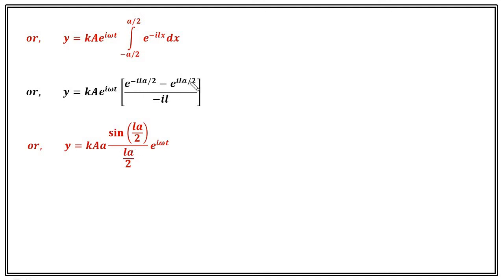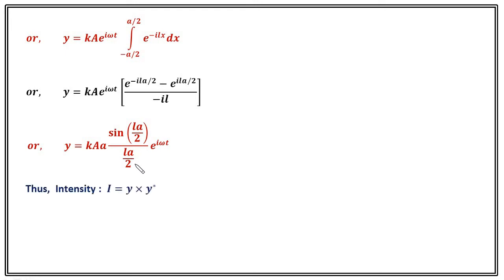If you replace this numerator by −2i sin(La/2), then i and i will cancel, the minus sign will cancel, and the 2 we take in the denominator. That is, we can write this term as sin(La/2) over La/2. This is the complex light disturbance.